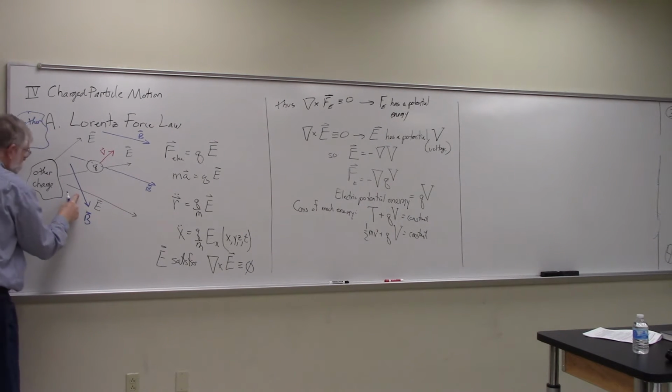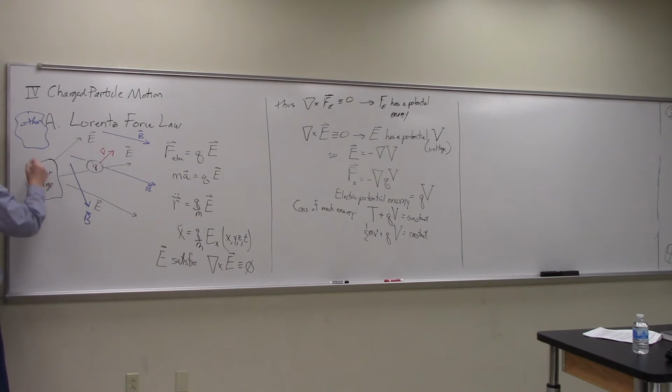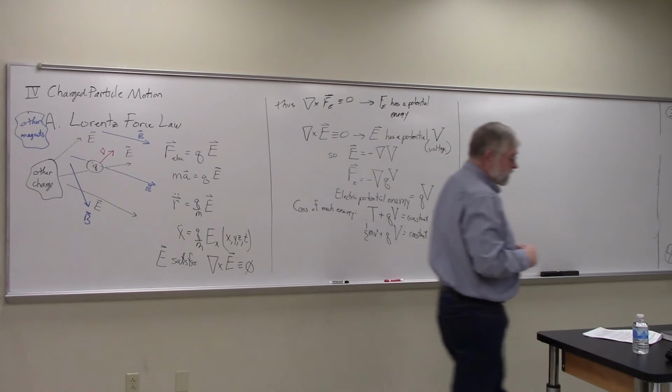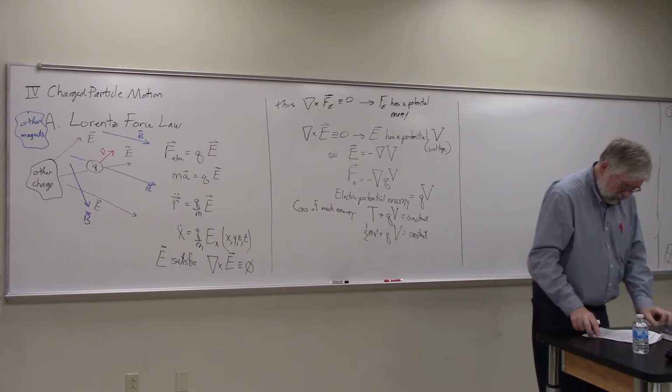Similarly to how the electric field gets there from other charges, the magnetic field is caused by other magnets. We put a bunch of magnets over here, they'll make a magnetic field, and that moving charge will have a force on it due to that magnetic field.